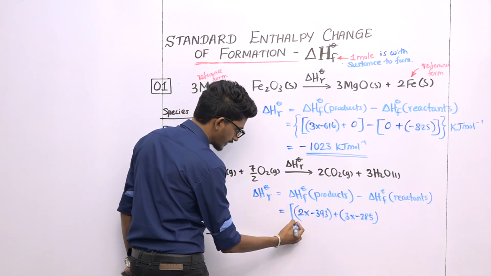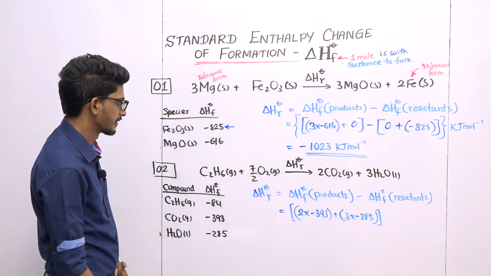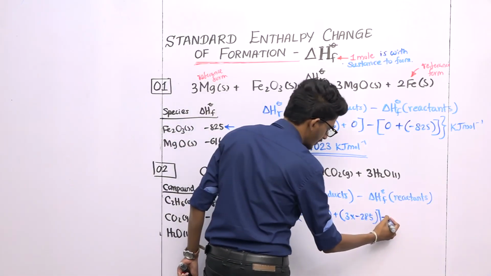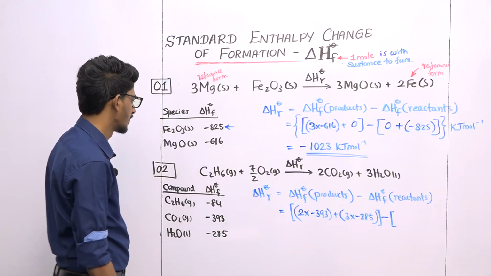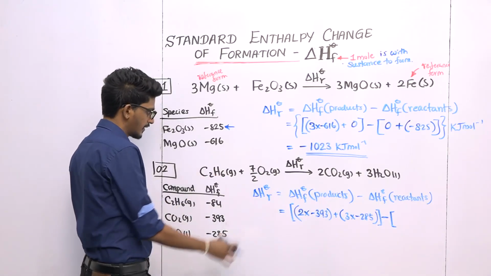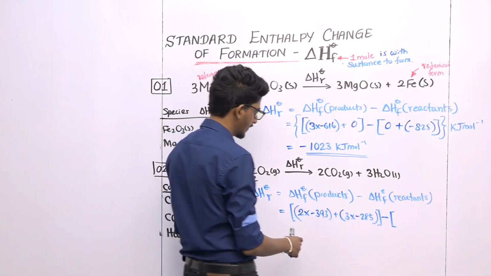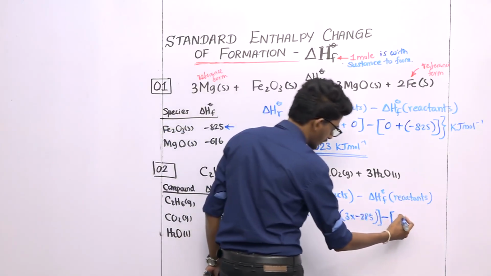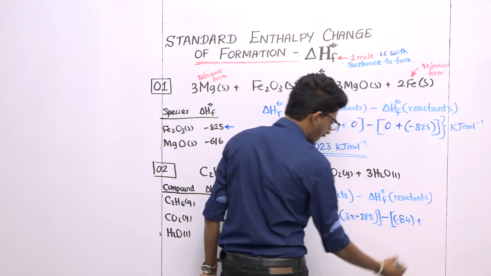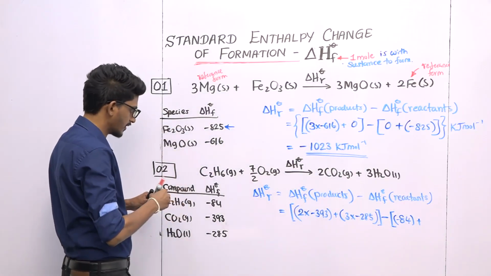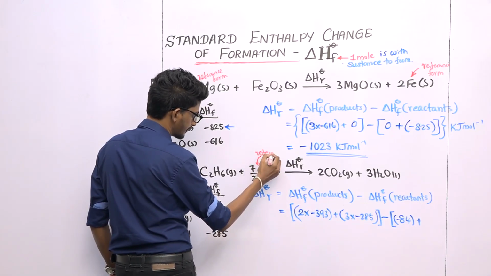This is the summation of the enthalpy change of formation of products, minus that of the reactants. As reactants, C2H6 and O2 appear. C2H6's value is minus 84, and just 1 is there, so you can apply minus 84 directly. And oxygen is a reference form.